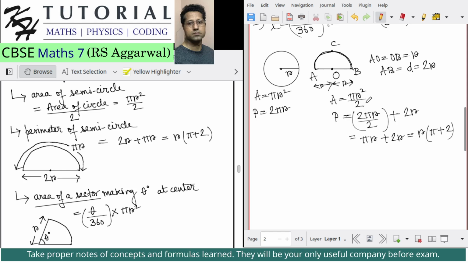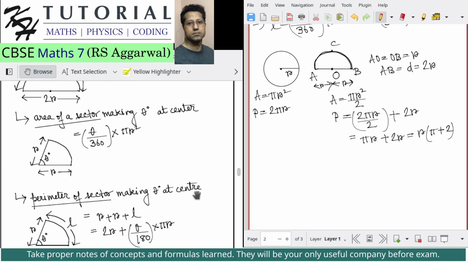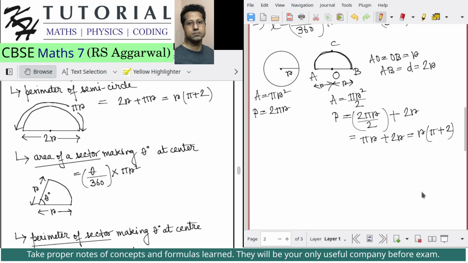Okay. Now let's see what is a sector. What is a sector of a circle, and how to find the area and the perimeter of a sector of a circle? Okay, so what is a sector? Sector is related to the arc.